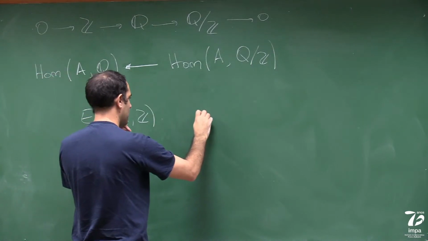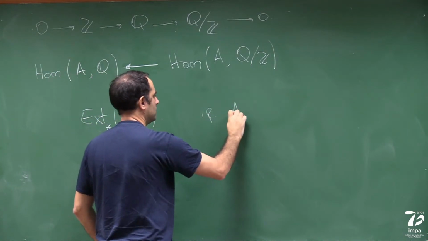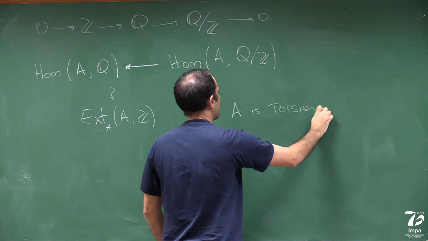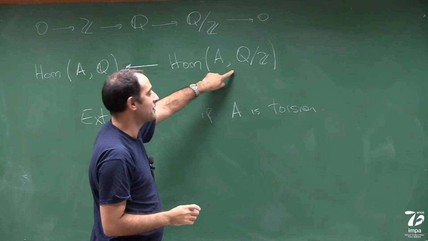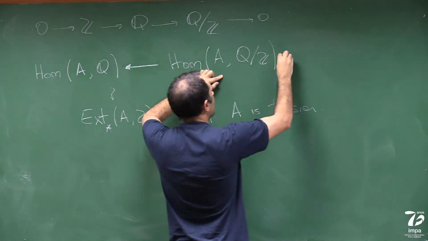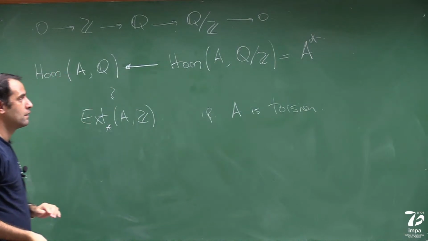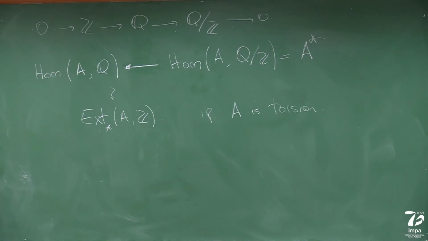Again, remember that I defined this to be the Pontryagin dual of A. And if A is torsion, that guy there is 0.